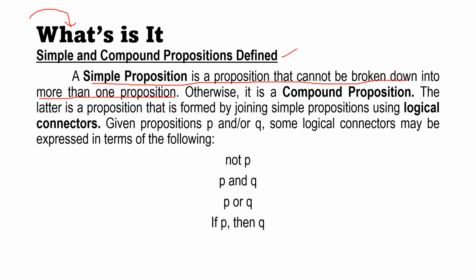Meaning, this is a single declarative sentence without using and, not, or, if-then. It is a simple sentence, a statement that can be true or false, but not at the same time, without using any logical connectors. That will be your simple proposition.